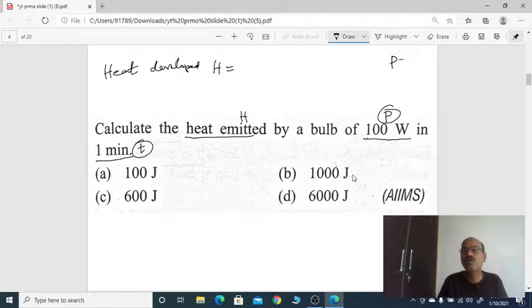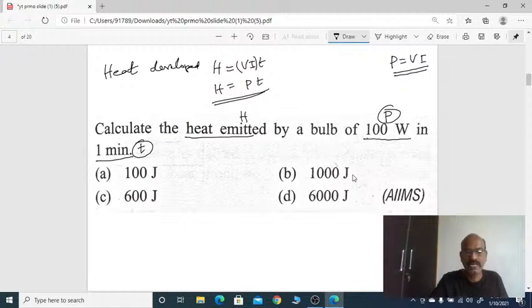We all know P equal to V into I. Right? Here heat developed equal V I T. We know that first formula, right? So here V I is nothing but power. So P into T. That's it. Direct formula. You can use it. Yes.